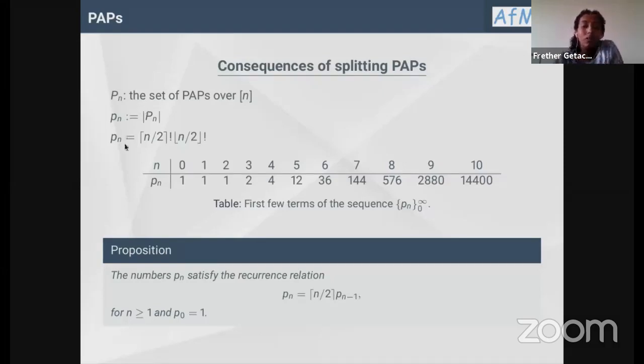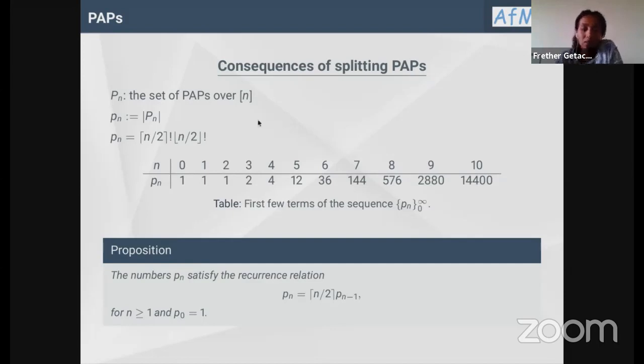Here we denote by small pn the number of PABs over n, where capital Pn indicates the set of PABs over n. So here we have a sequence that counts these PABs. Actually, this sequence appears in the online encyclopedia of integer sequences, but they count many different things.